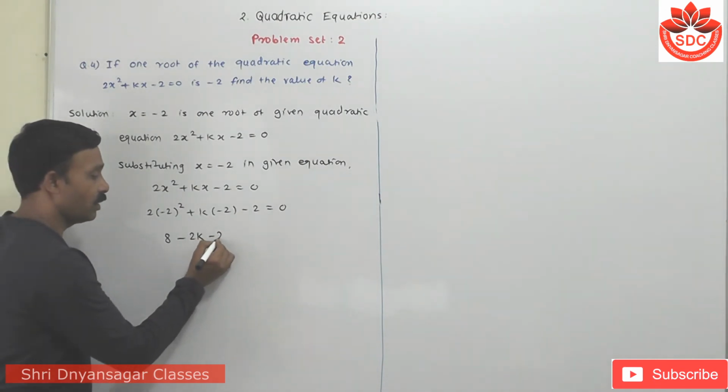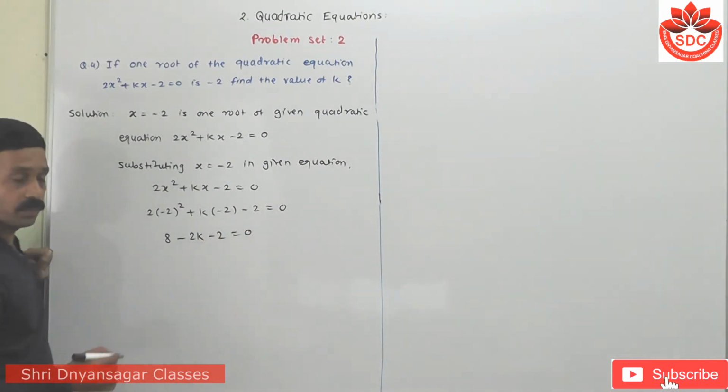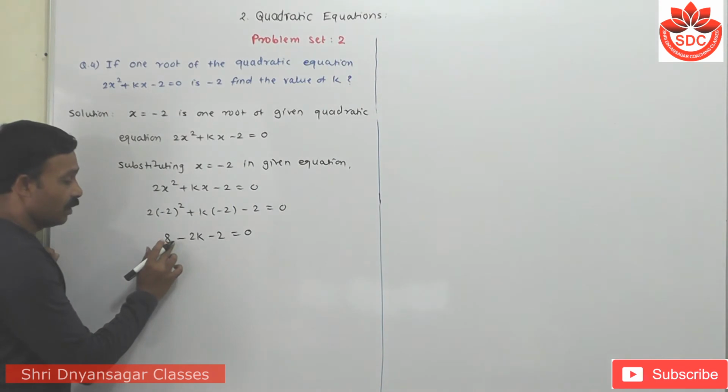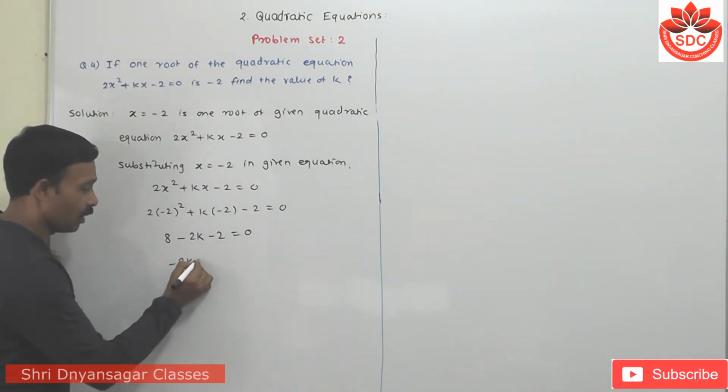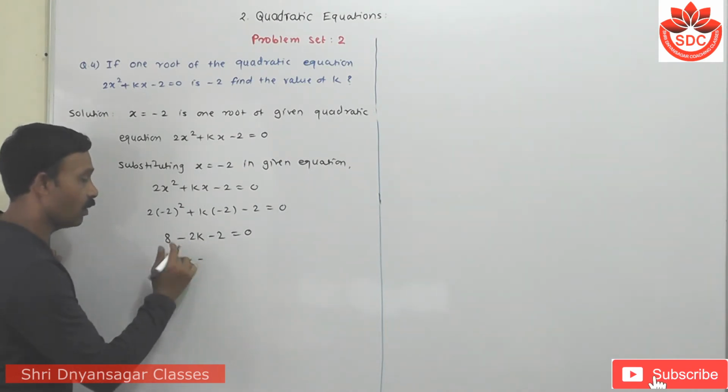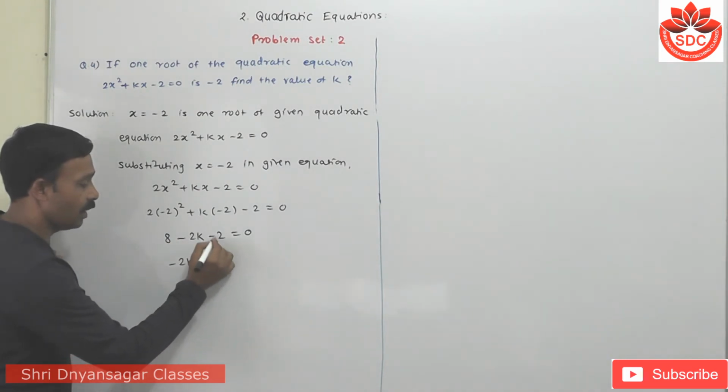Then this -2 as it is, is equal to 0. Then this 8 minus 2, I have to write here -2k is equal to 8 minus... this 8 converts to -8 and this plus 2.